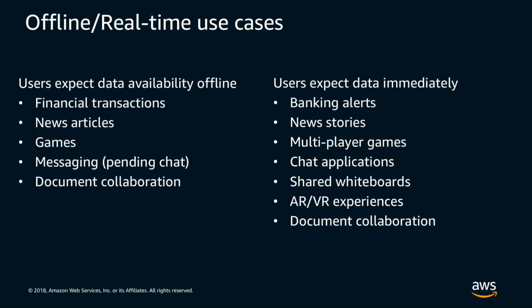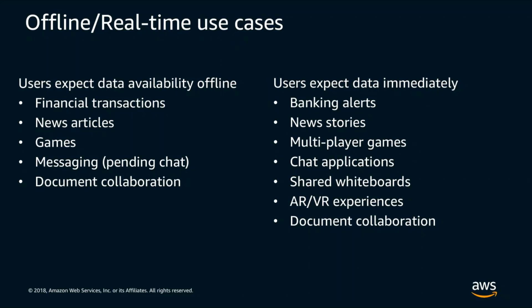Multiplayer games, if I'm playing some game with my friends, I want to know the current state of the gameplay for my friends. Continuing on the chat scenario, if I'm sending a message and I'm online, I would like to notify my friends or the group of my friends immediately. Shared whiteboards, document collaboration, and even the new AR/VR experiences are some of the real-time use cases.